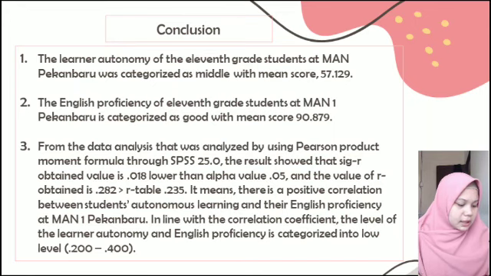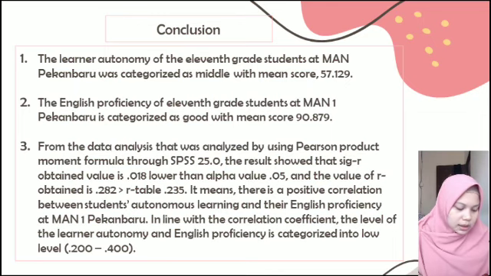And from the data analysis using Pearson product moment through SPSS 25, the result showed that the significance value obtained is lower than the alpha value, and the R obtained, 0.282, is higher than the R table, 0.235.